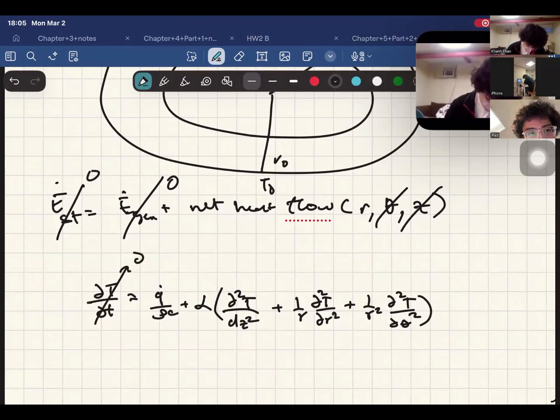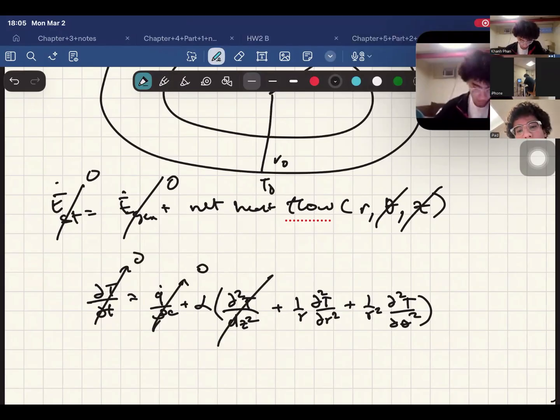So this one is 0, 0, and we don't have the axial direction or tangential direction.